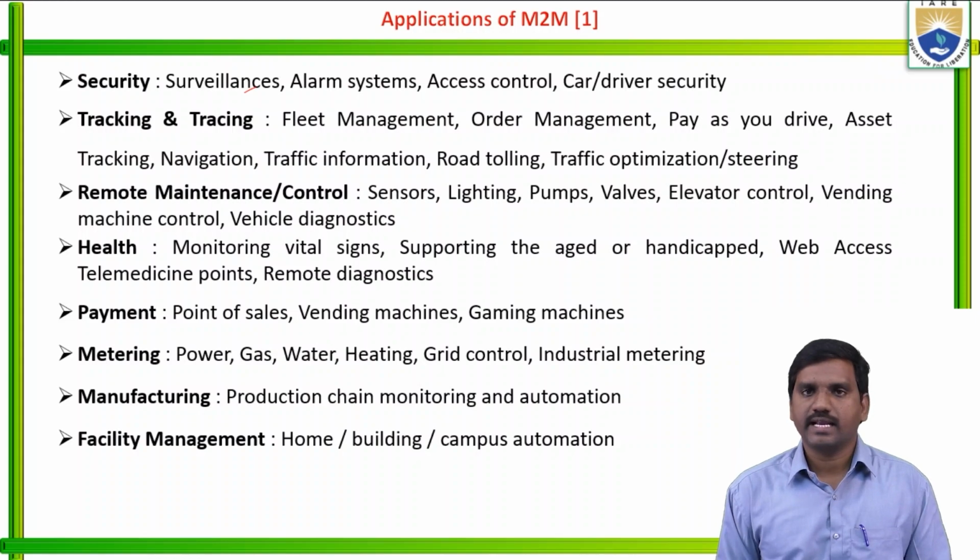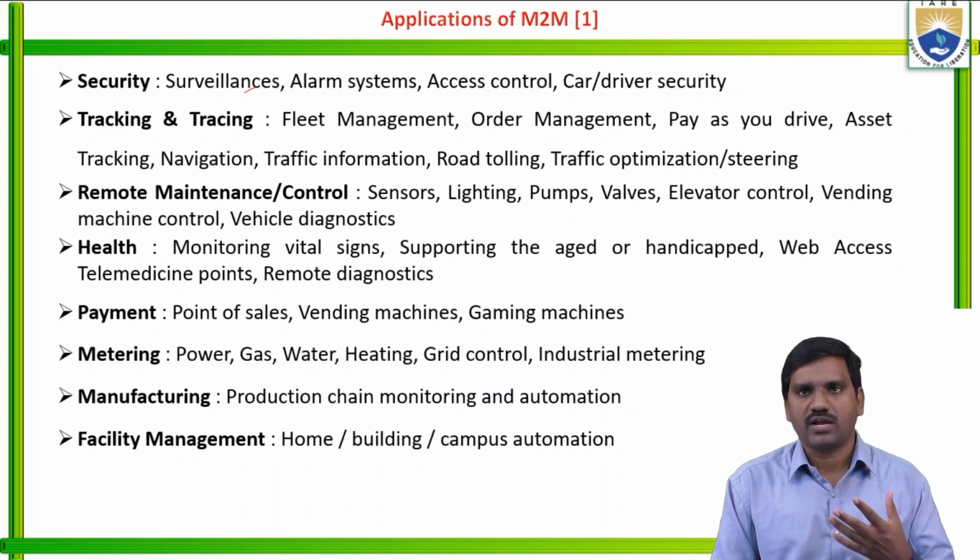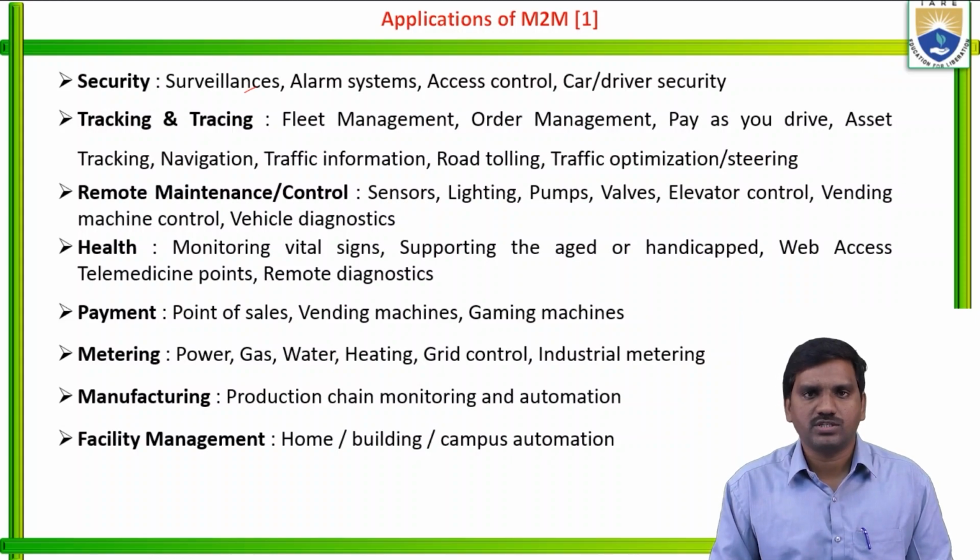Next is tracking and tracing. If you lose your mobile or belongings, by using IoT machine to machine technology, we can find our belongings. In the tracking and tracing domain, we have fleet management, order management, pay as you drive, asset tracking, navigation, traffic information, road tolling, and traffic optimization and steering.